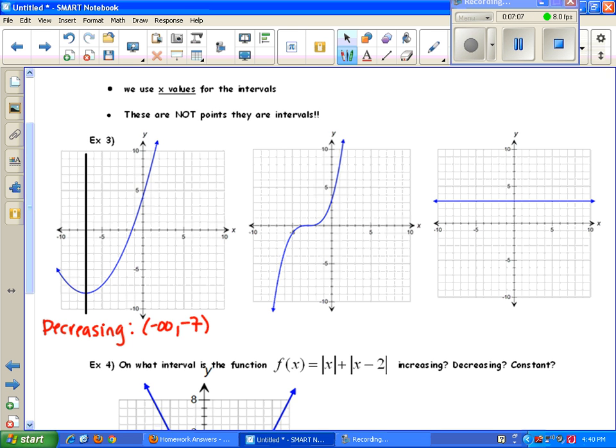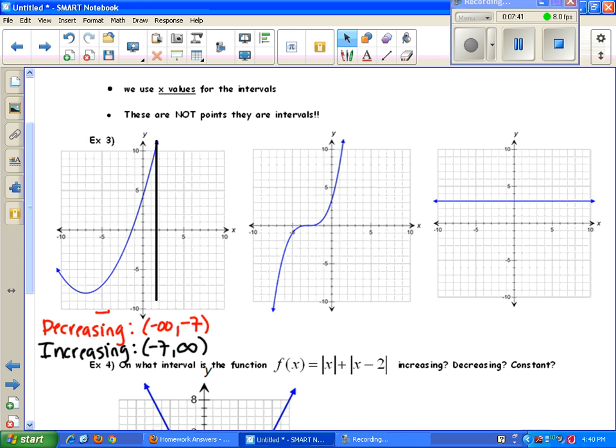Then the next part we're going to look at is if we keep going from that point on. Notice that from that point on, as x is increasing, y is increasing. So then we're going to say that we're increasing from negative 7 to infinity.